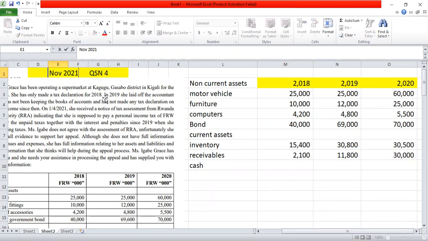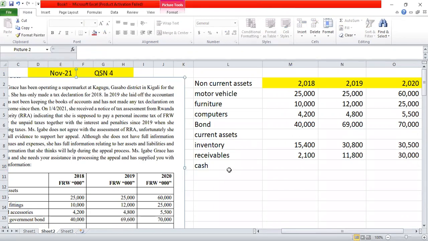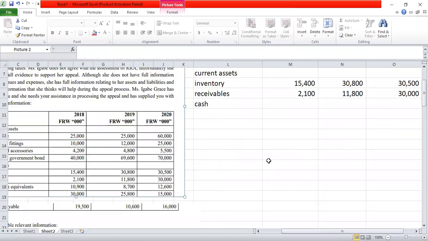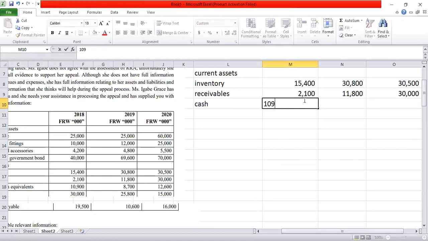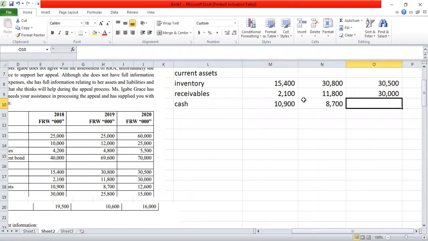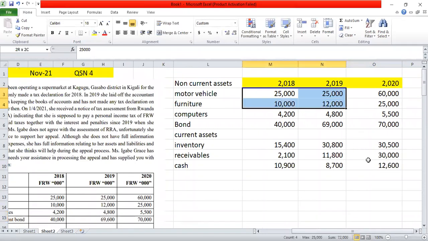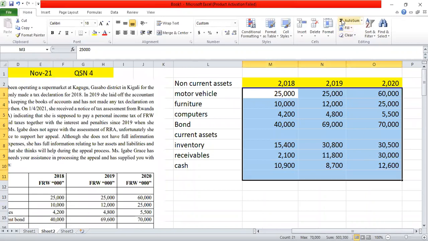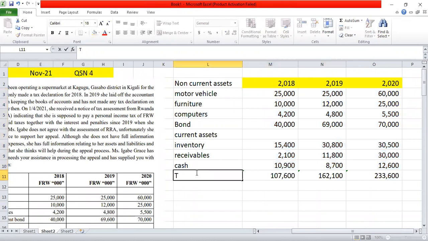Yes, I wrote it wrongly. 10,900, 8,700, 12,600. Then you can get our total assets here. These are the total assets.